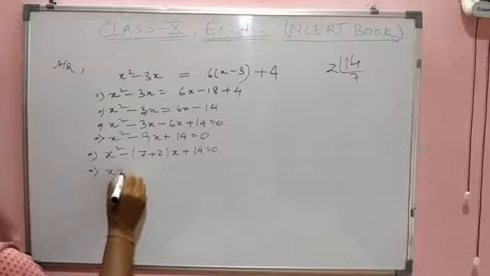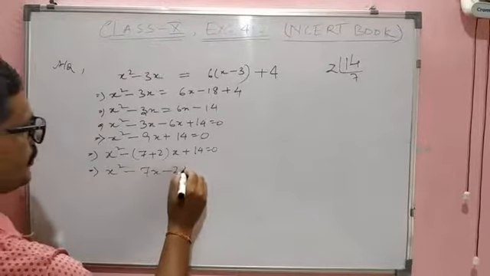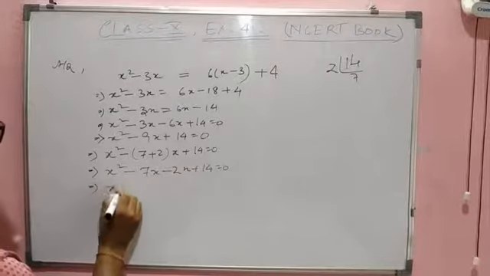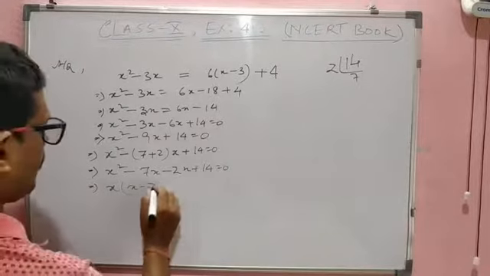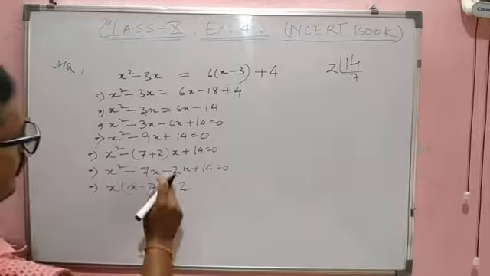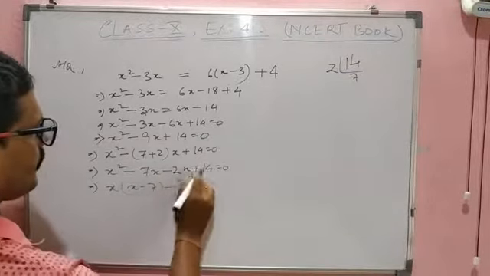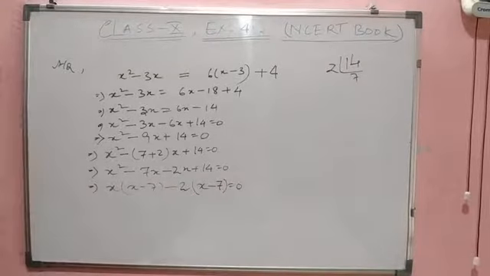This implies x square minus 7x minus 2x plus 14 equals 0. This implies x common, x minus 7. Here we can take minus 2 common, so minus 2 times (x minus 7) equals 0.